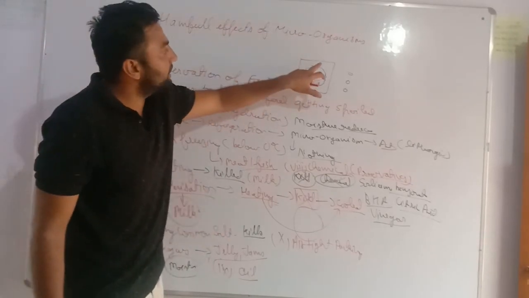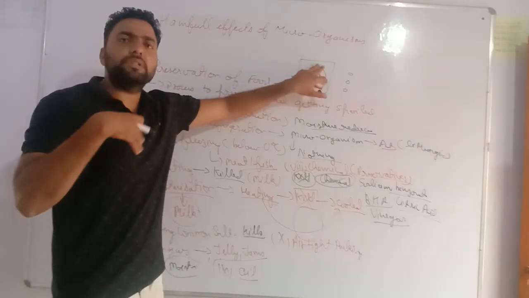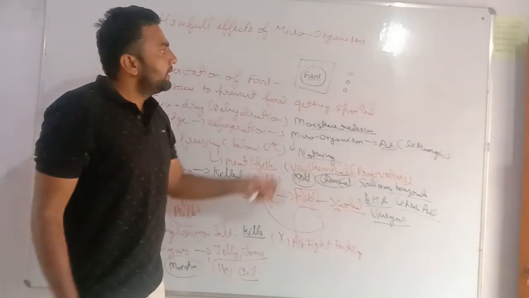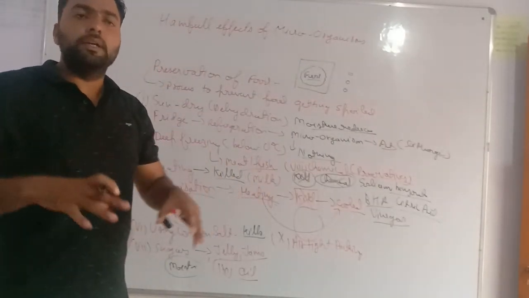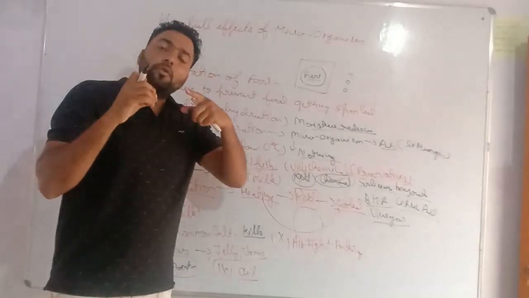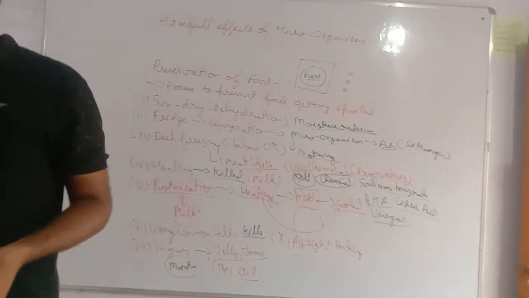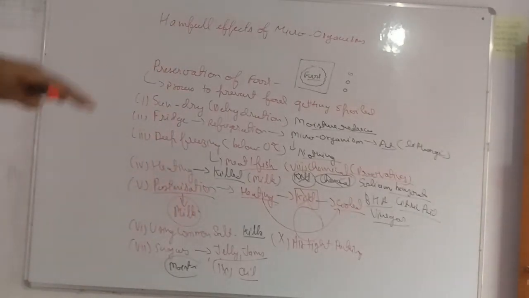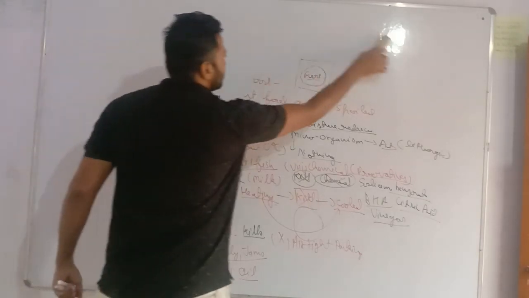If there is oxygen, microorganisms will survive. As they get oxygen, they will respire and stay alive. Nitrogen does not let them stay alive. Moreover, nitrogen also reduces the process of decomposition, and our food is safe. These were all the processes for the preservation of food.